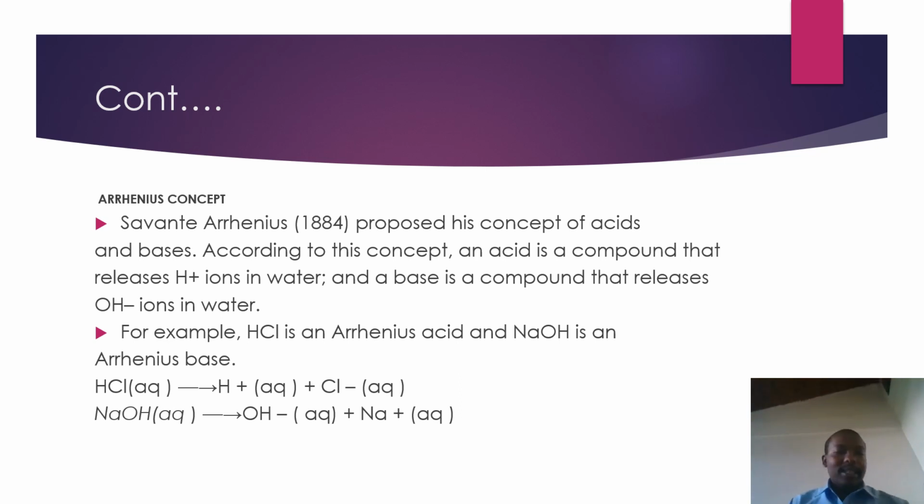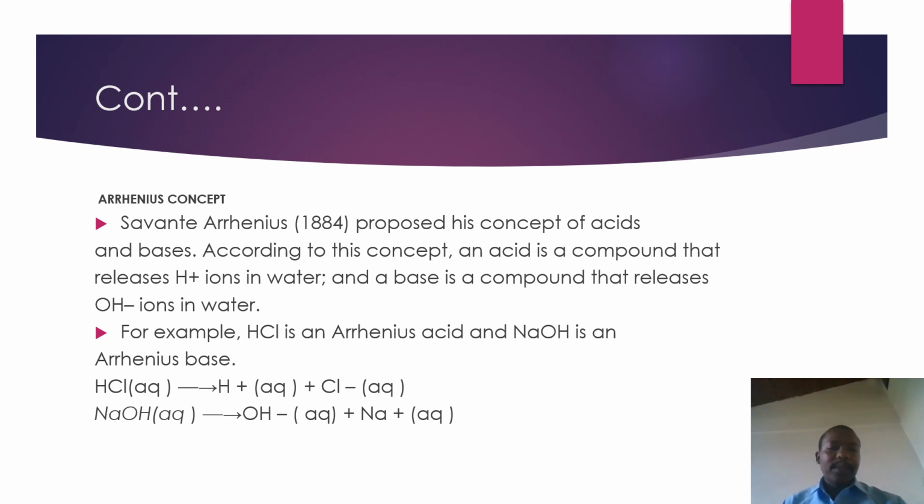First, let's look at the Arrhenius concept. In 1884, Arrhenius proposed his concept of acids and bases. According to his concept, an acid is a compound that releases hydrogen ions in water, while a base is a compound that releases hydroxyl ions in water.